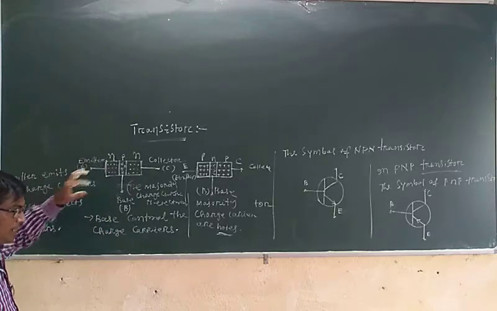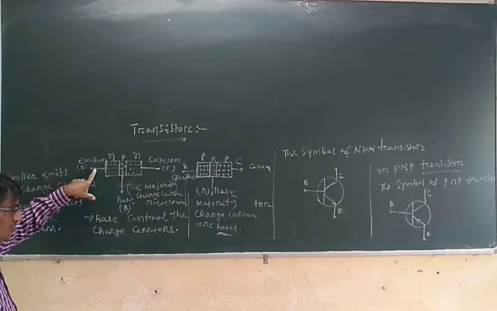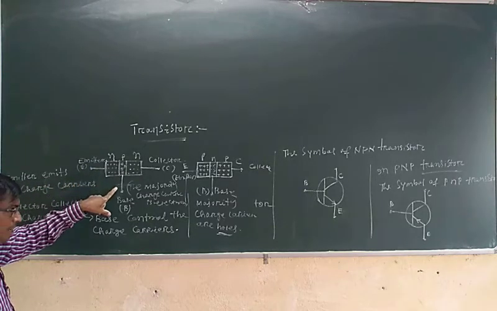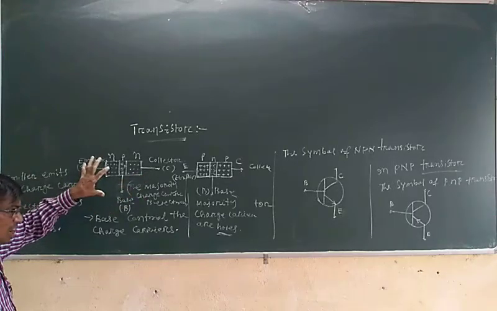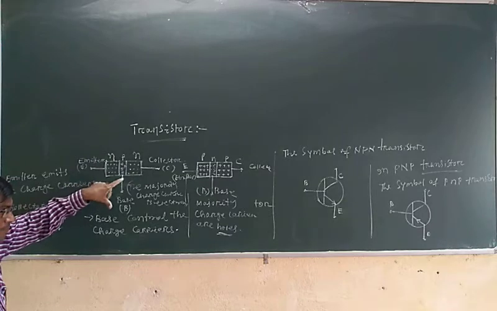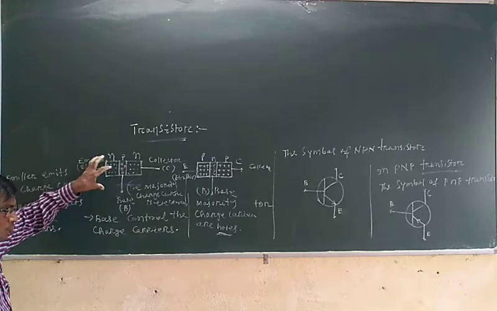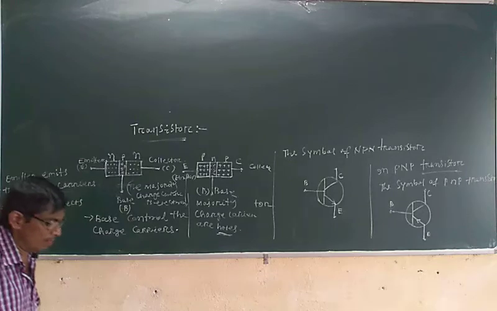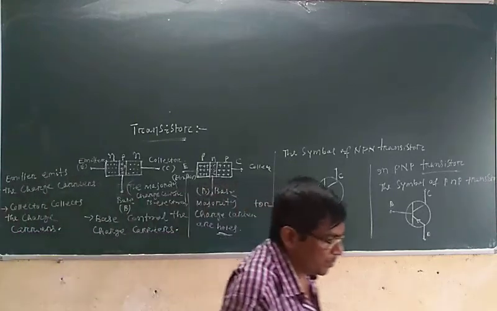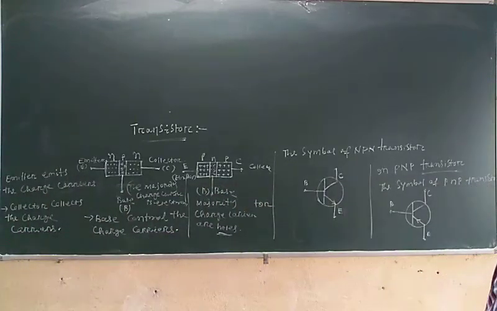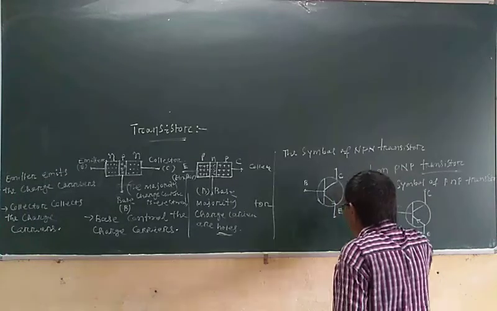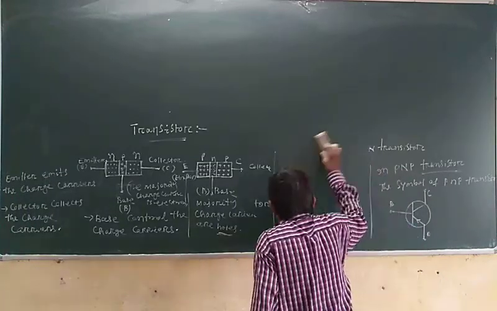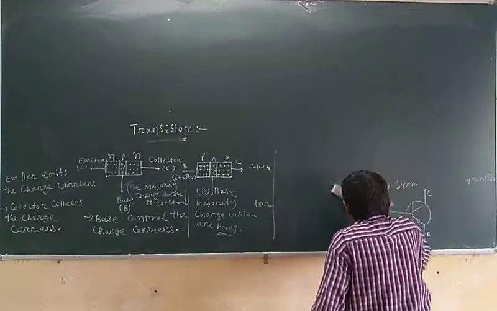Now, how is it connected to a transistor to function properly? In an NPN or PNP transistor, the base-emitter junction is always forward biased.